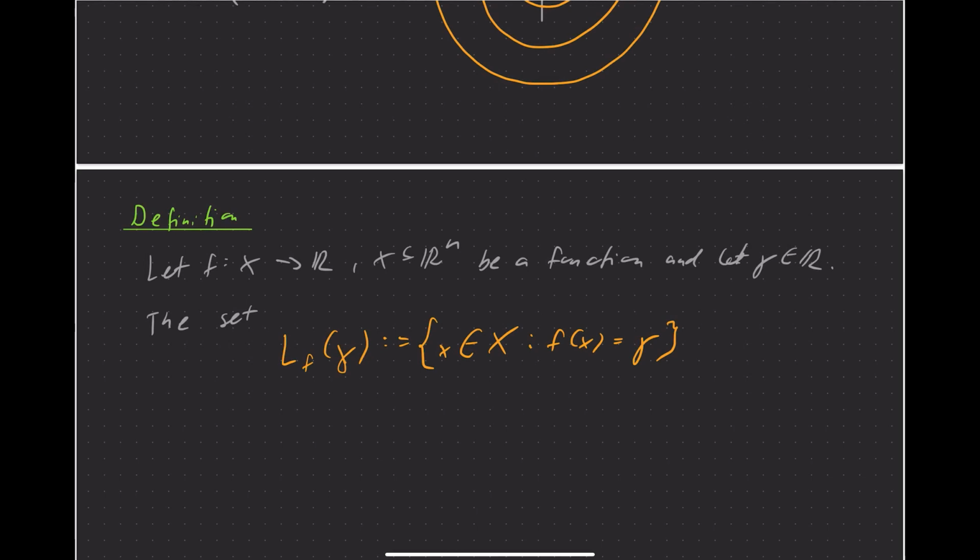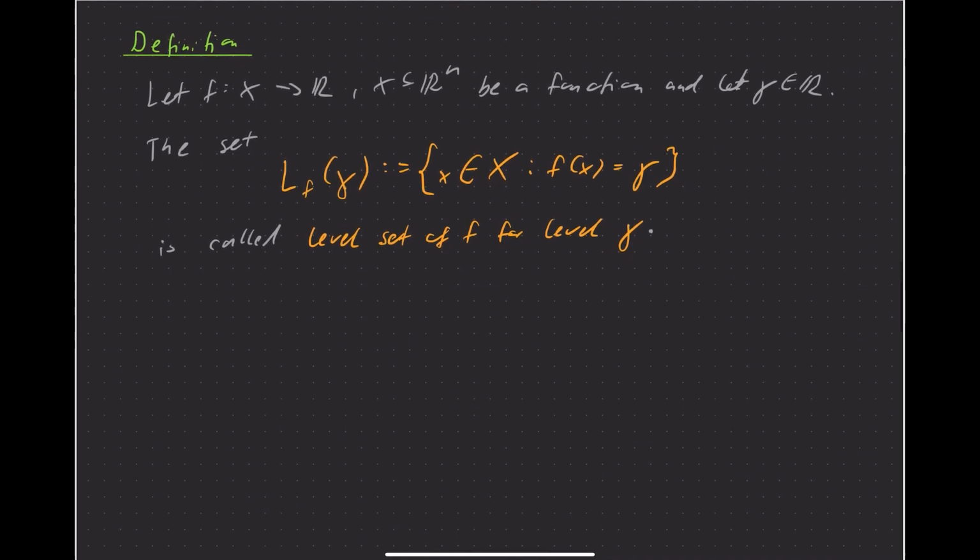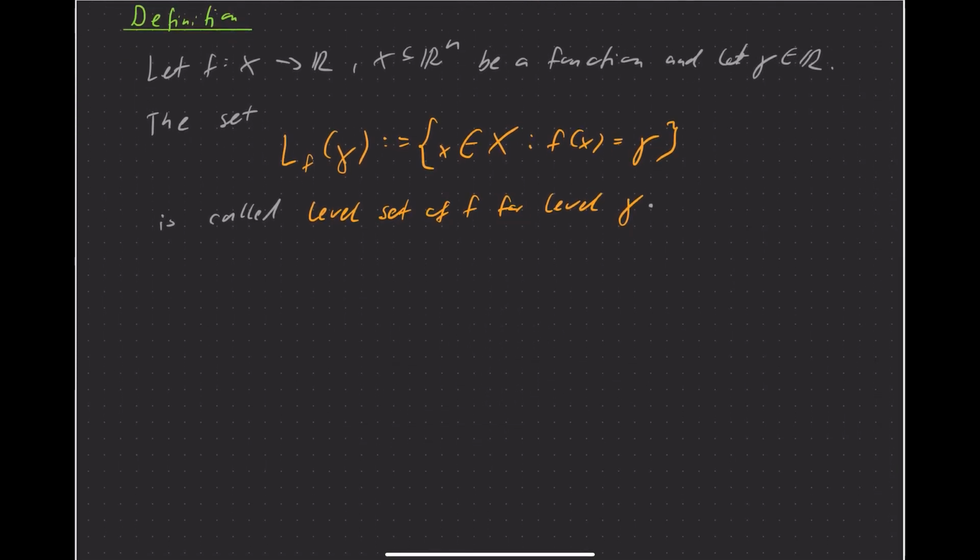That set is called the level set of f for level gamma. So basically we're looking for all x values that assume the same function value gamma. And with this definition, a function can also be visualized through its level sets.